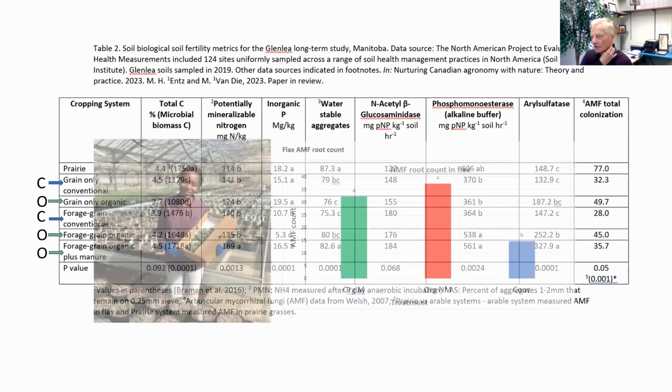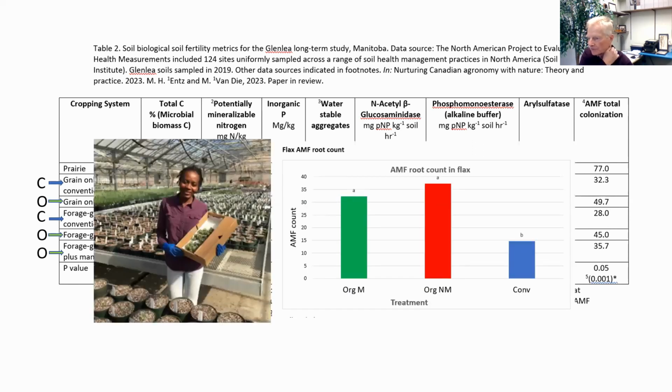And I've got a new student, Letitia Makungu. She's continuing to look at mycorrhiza at Glenlee, and this is data from 2022. This is flax, and here we are in the conventional forage grain rotation, the organic forage grain rotation with no manure and with manure. And these are both higher than the conventional.